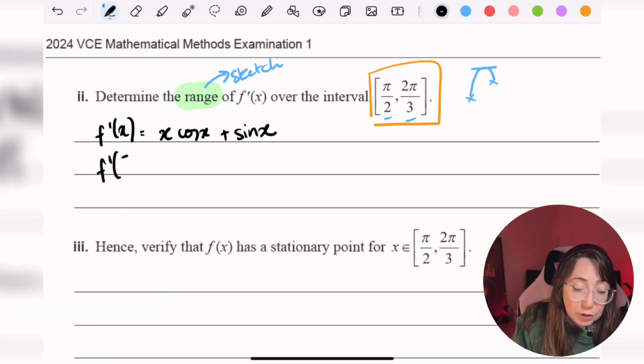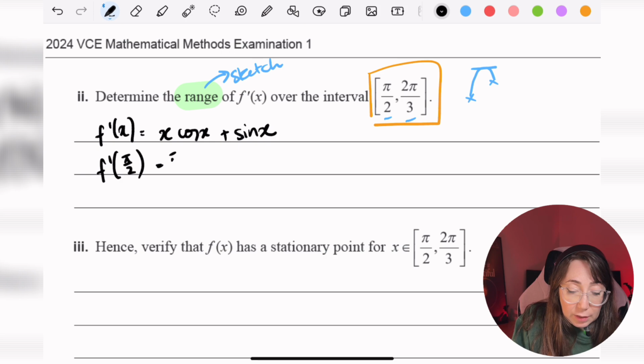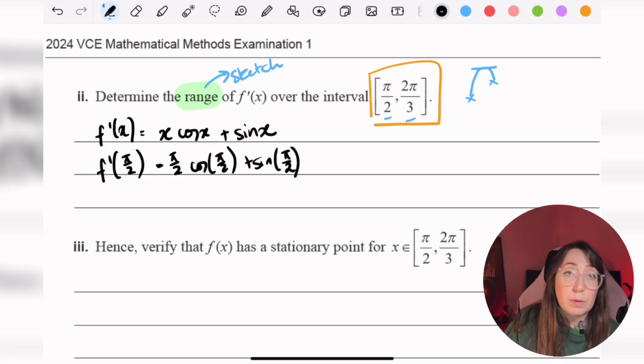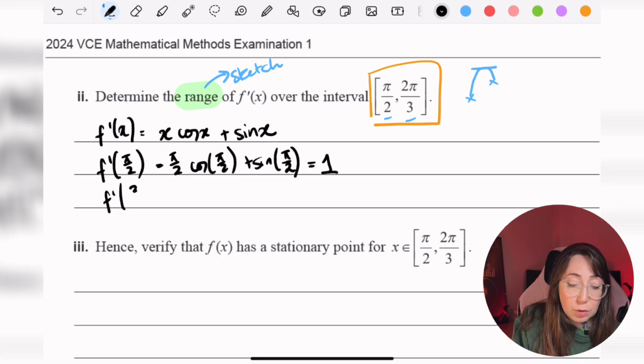So we'll find f dash of pi on 2. That'll be pi on 2 cos pi on 2 plus sine pi on 2. Now we know that cos pi on 2 is 0, so that term is going to be 0, and sine pi on 2 is 1. And then we have f dash of 2 pi on 3. So that'll be 2 pi on 3 cos 2 pi on 3 plus sine 2 pi on 3.